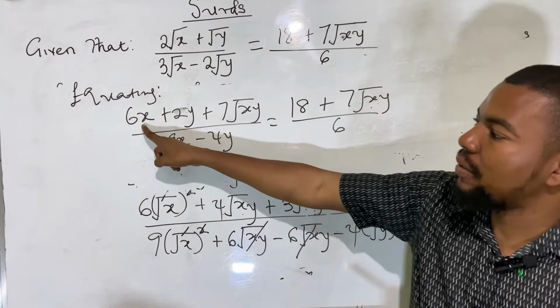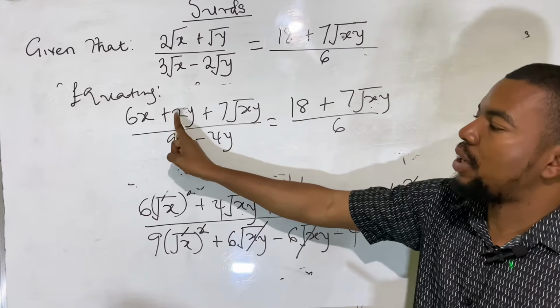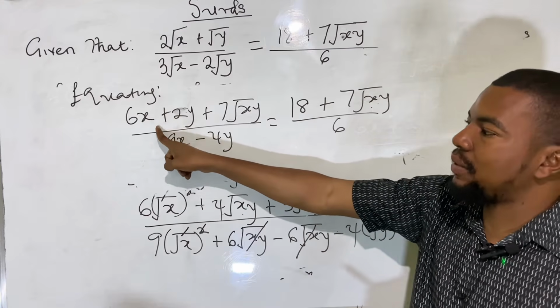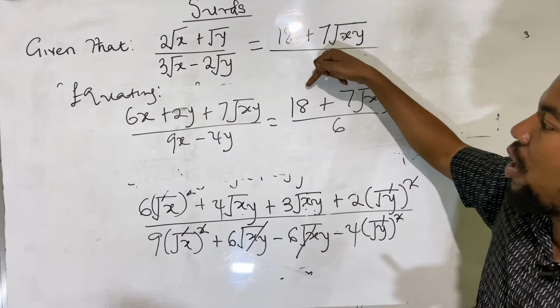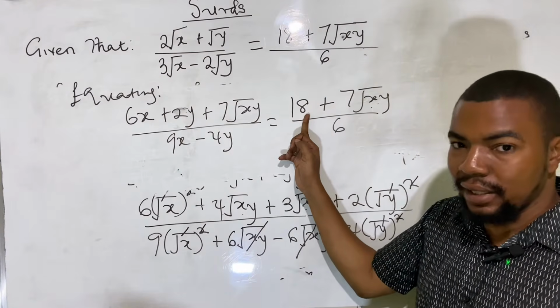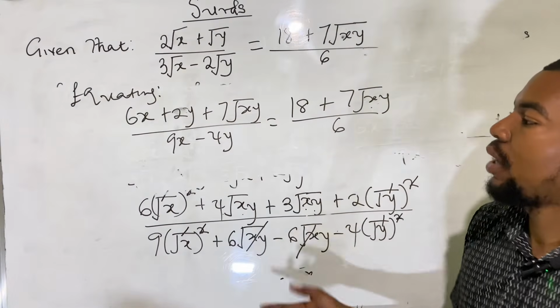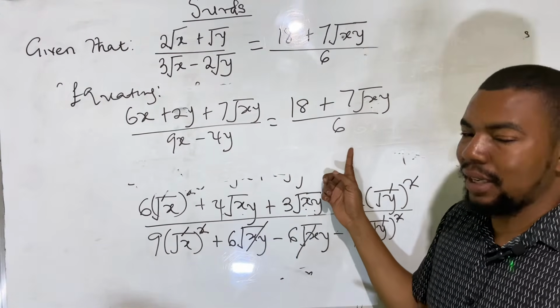You can see right here that we have 6x plus 2y. These two are the rational parts on the left-hand side, and this one here is the rational part on the right-hand side. So we can say 6x plus 2y equals 18. And this is for the numerator. And for the denominator, we say 9x minus 4y equals 6.